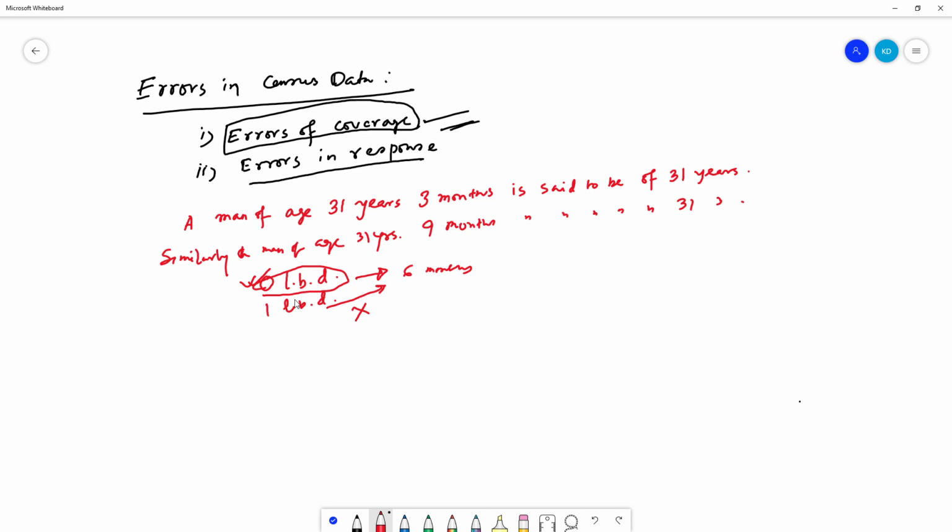So it has been found that in most censuses, children in the first few years of life are undernumerated. Hence, the population figure of age 0 LBD may be too low and that of age 1 LBD may be too high.